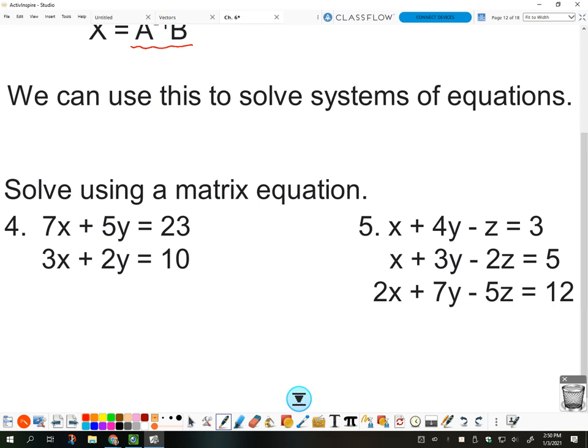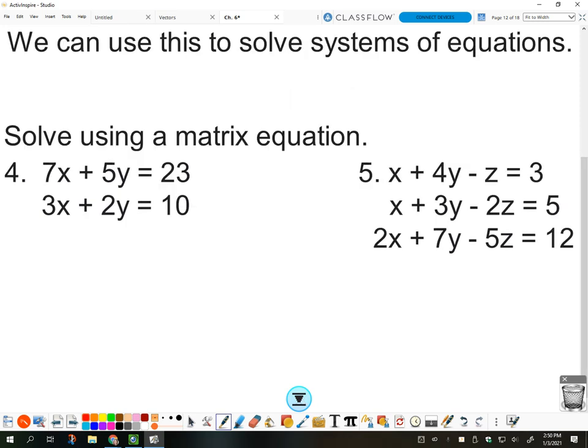All right, so the first thing is, can we write it as a matrix equation? We're going to turn a system into a matrix equation. You want a matrix of your coefficients. So 7, 5, 3, 2. If anything was negative, it would just go in here as negative. Like if that was -5, this would be a -5.